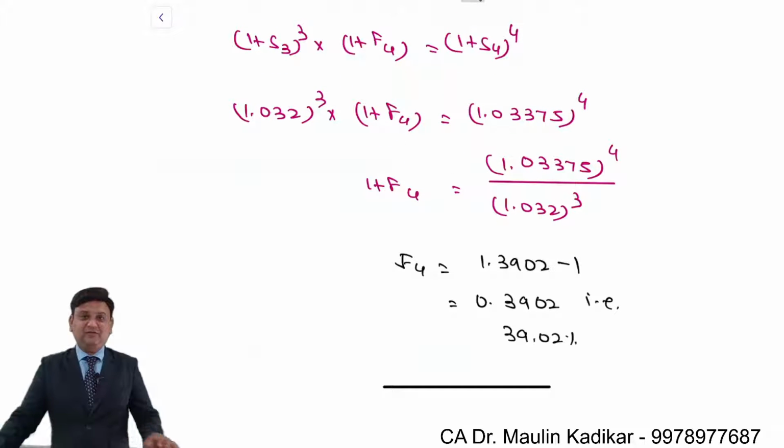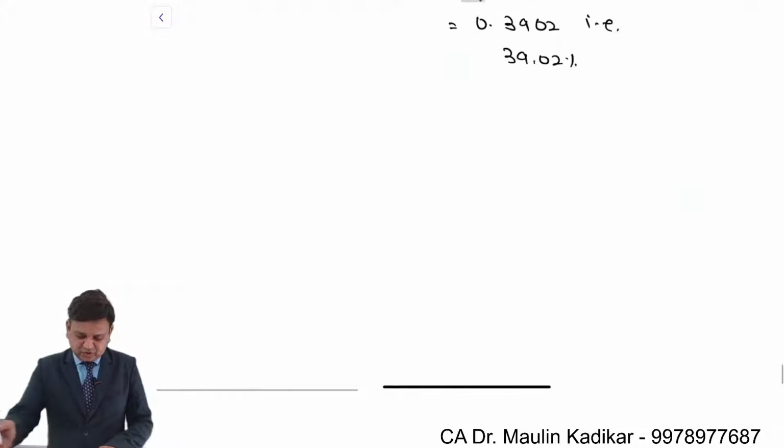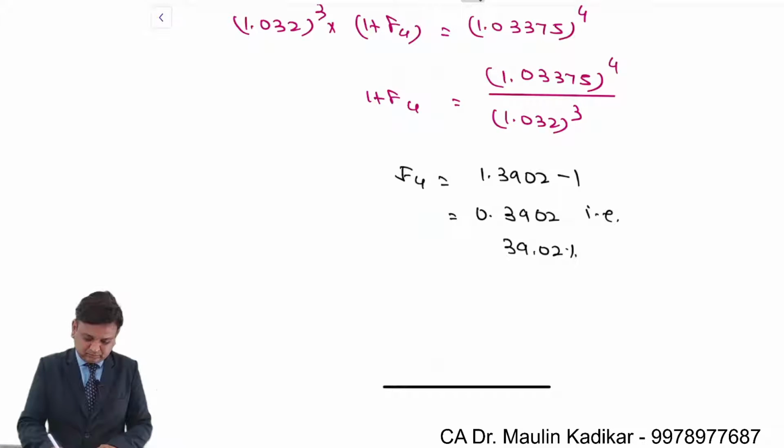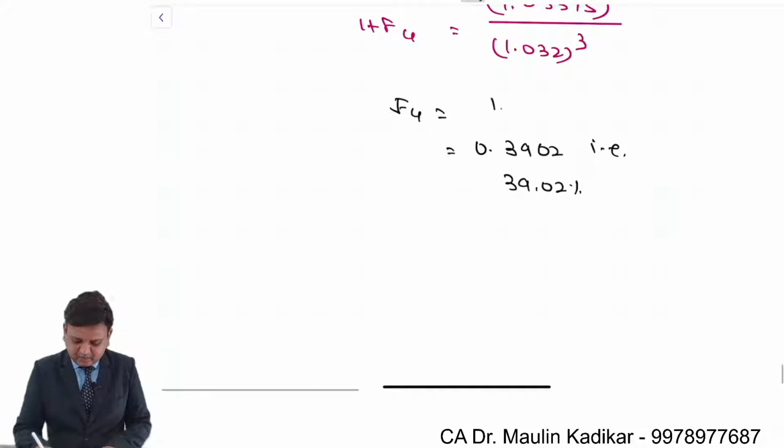That is the way F4 will be calculated. So, I'm sorry, over here it is 1.0932, 1.03902.